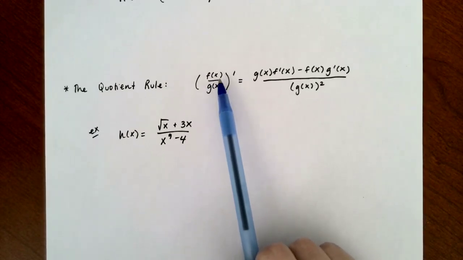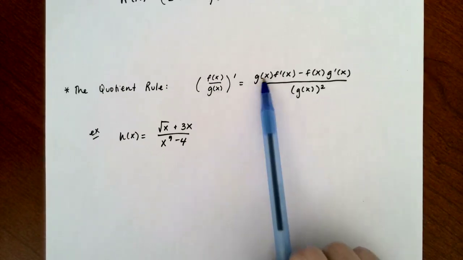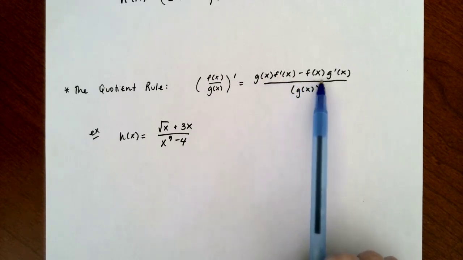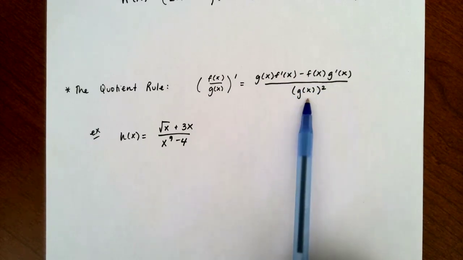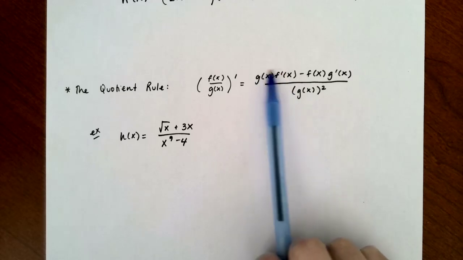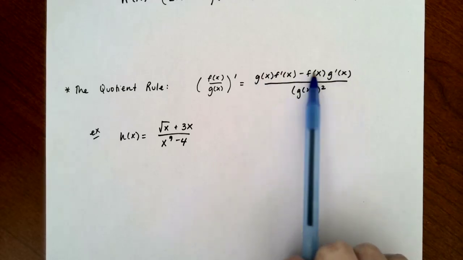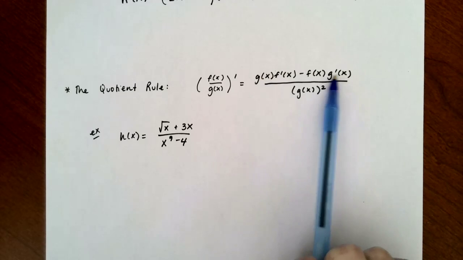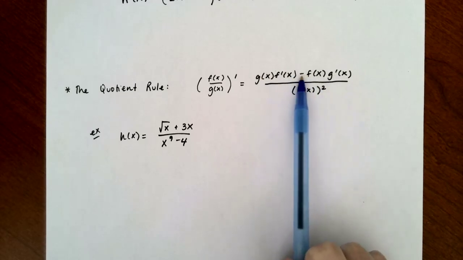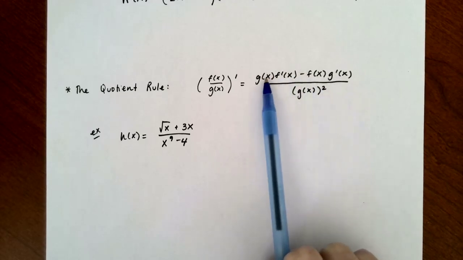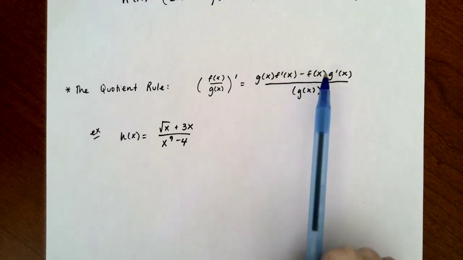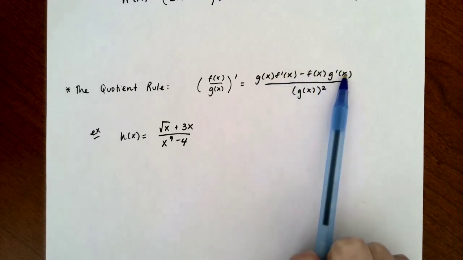So the derivative of f over g is g times f prime minus f times g prime over g squared. All right, so this formula takes a little bit more memorizing, especially because the g and f prime and the f and g prime cannot switch places like they could in the previous formula because there's subtraction between them. So you have to have g and f prime first and then f and g prime second.